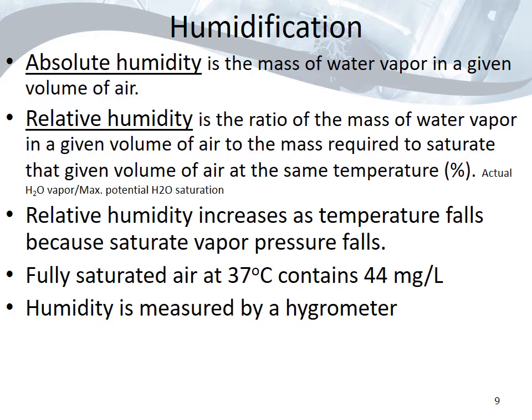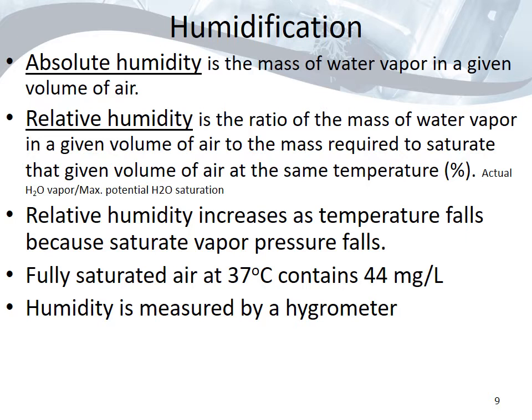So in the case of the alveoli, it's 44 milligrams per liter, assuming 37 degrees Celsius. If you were to take that air and sample it in your alveoli and measure the amount of water there, it would be 44 milligrams per liter. Now, we breathe that air out. It starts coming out the endotracheal tube.